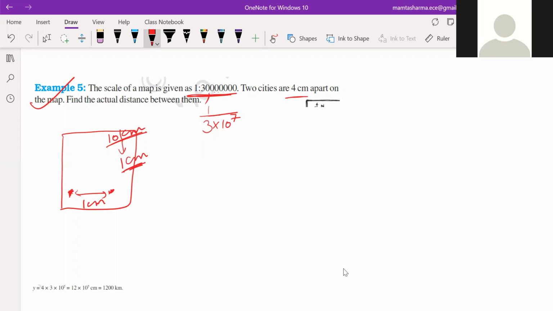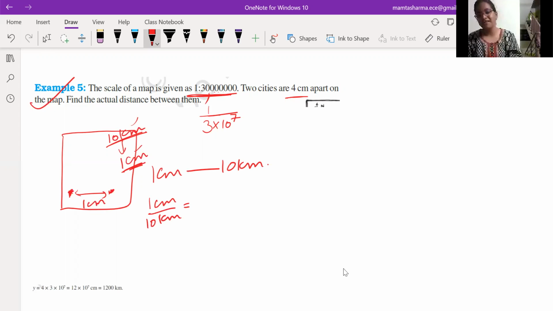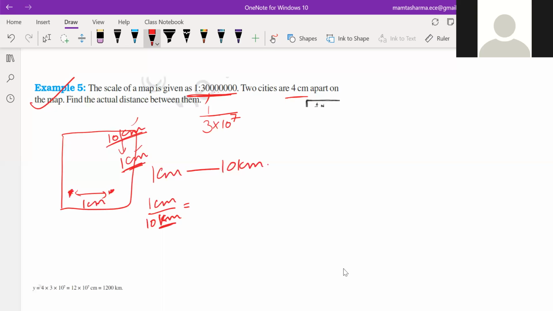The units are different. 1 centimeter as 10 kilometers. What will be the ratio? 1 centimeter by 10 kilometers. You have to convert this unit.